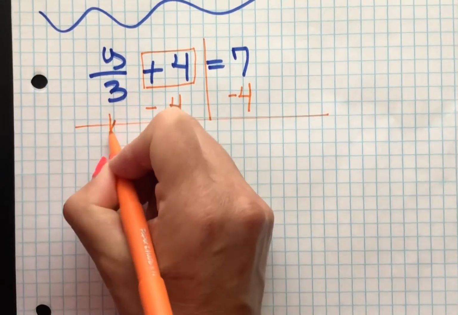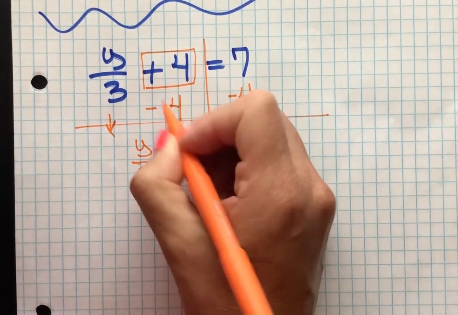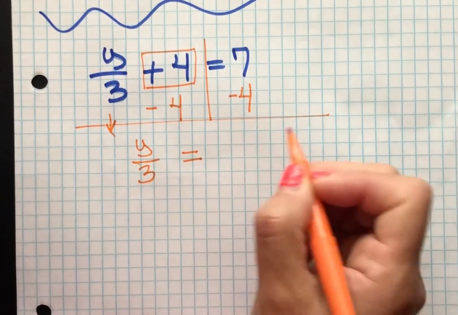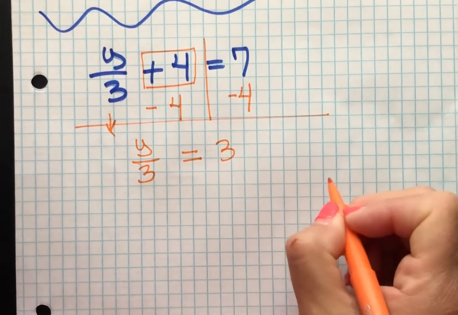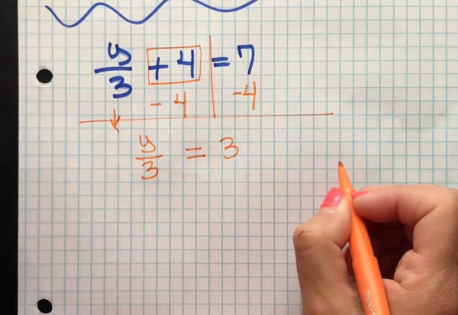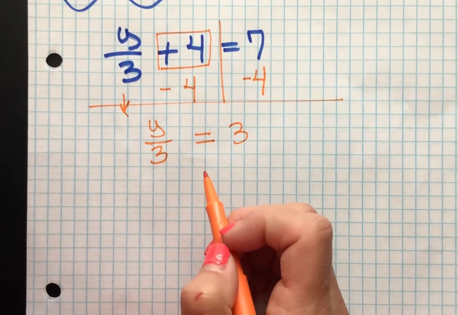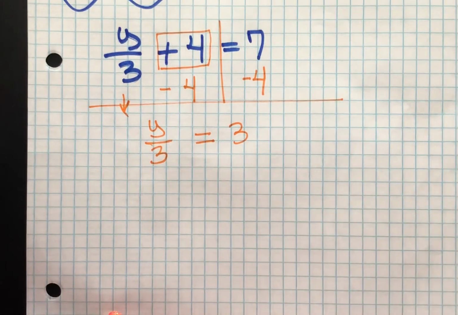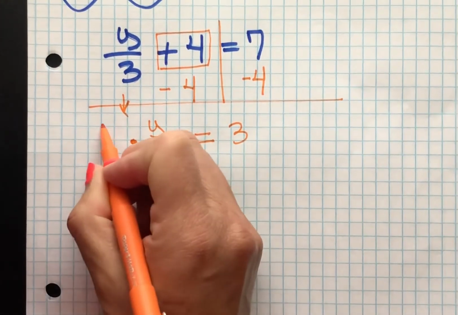So we're going to bring our y divided by 3 down. Well, 4 minus 4 is 0, so we don't need that anymore. And on this side, 7 minus 4 is 3. Okay, well right now, y is being divided by 3. The opposite of dividing by 3 would be multiplying by 3.